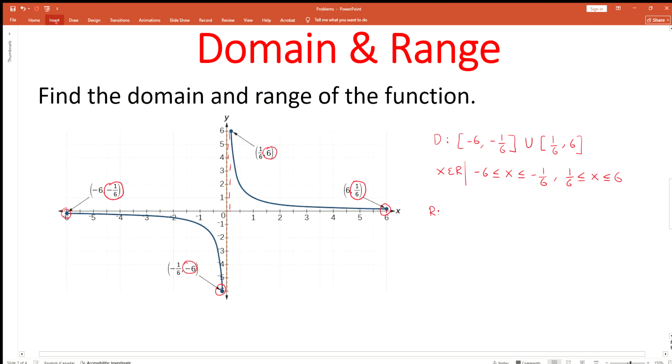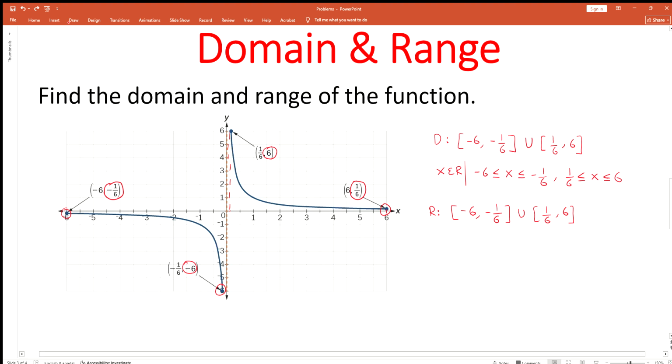So we can write the range in interval notation as -6 to -1/6 for the lower curve, and the endpoints are included, so that's why we use these square brackets, then union 1/6 to 6, and the endpoints are included, that's why we use the square brackets. So this is the range for this graph in interval notation.